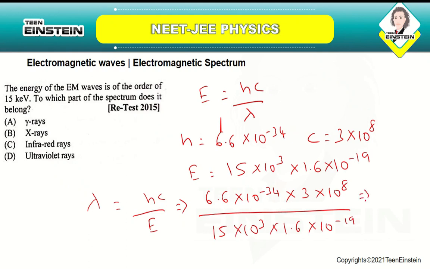So, if you solve this, you will be getting it as around 0.825 angstrom. So, lambda is approximately equal to 1 angstrom. So, approximately 1 angstrom means it belongs to the X-ray region of the spectrum. So, the correct answer is option number B. Okay. So, generally the wavelength of X-rays will be around 1 angstrom. So, you are getting it around 0.825, which is nearer to 1 angstrom.